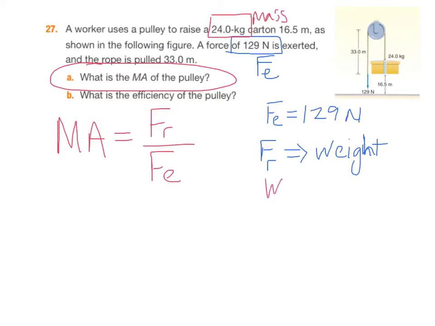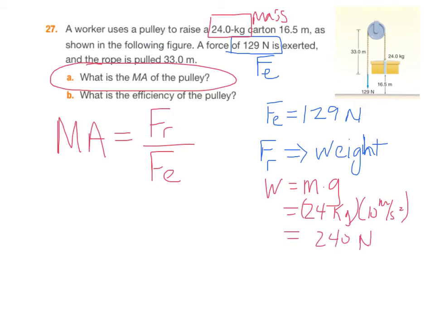We're going to go ahead and take your mass times gravity. So we'll take 24 kilograms, and I'm going to just use 10 for gravity. 240 newtons. So your resistive force is the weight.